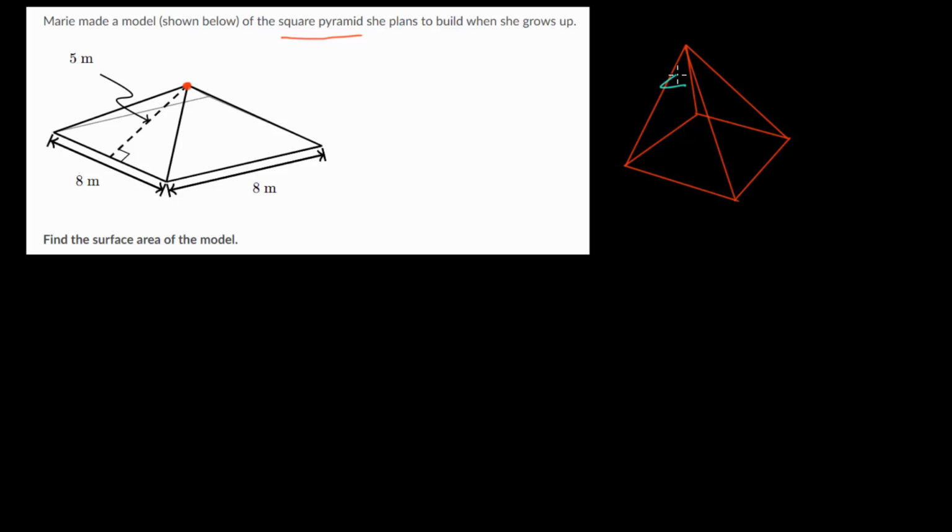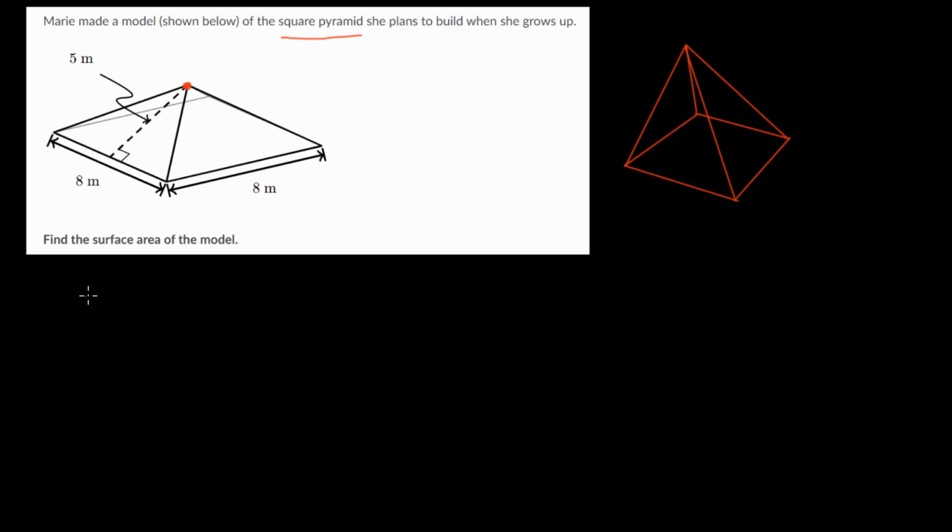You have the one in front, the one on the right side, the one on the left side, and then one triangular face on the back. So you do have those four triangular faces, and you have the base of this shape. To find the surface area, we need to find the area of each of those faces and the base, and then add them together.